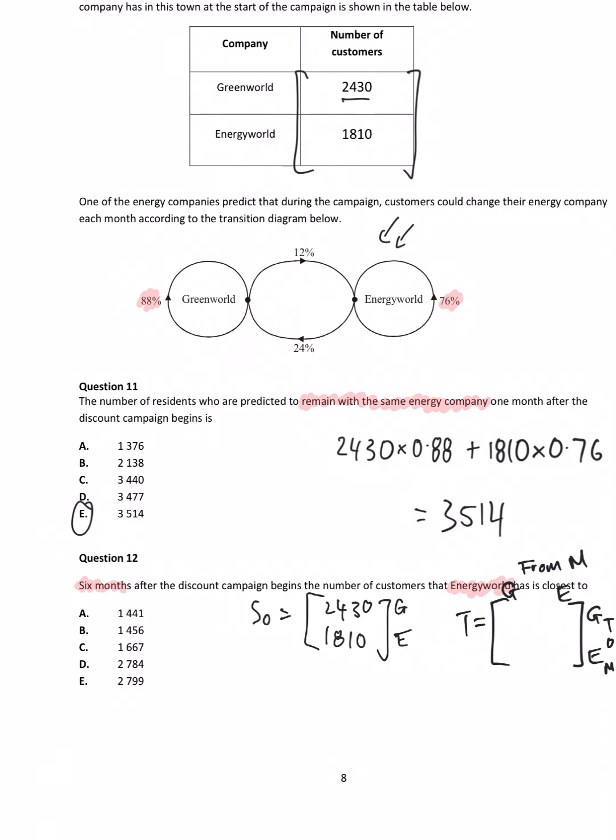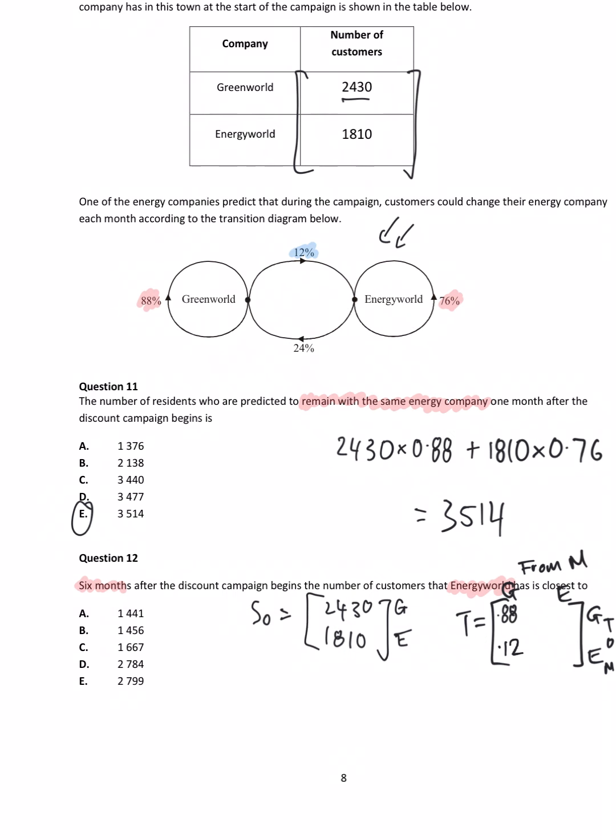We're just going to use those percentages in the transition diagram. So 88% of the Green World customers will stay in Green World, and then we've got the 12% from Green World to Energy World, which is that number up here. These columns should always add to 100% or 1 as well. So if you didn't have this number, you'd know it was 12.